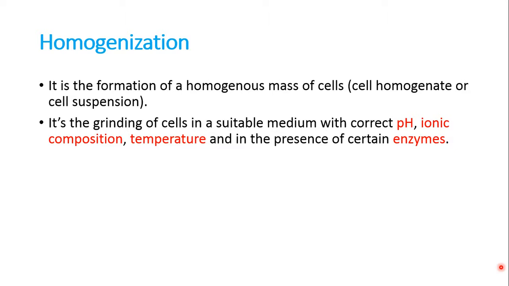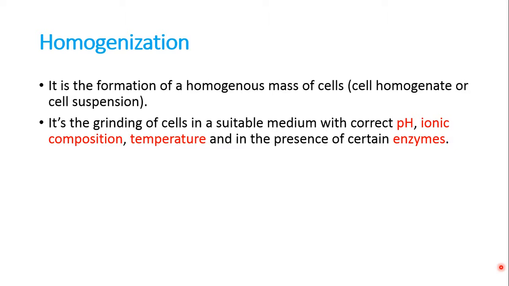We will take a tissue of that animal or plant, and put it in a grinding machine, similar to our blender or a food mixer that we use in our kitchens. So this tissue of plant or animal will become a homogeneous mixture and we will get that cell suspension.